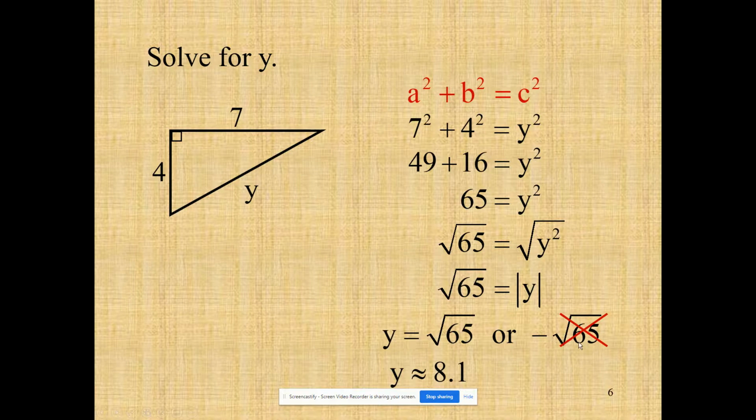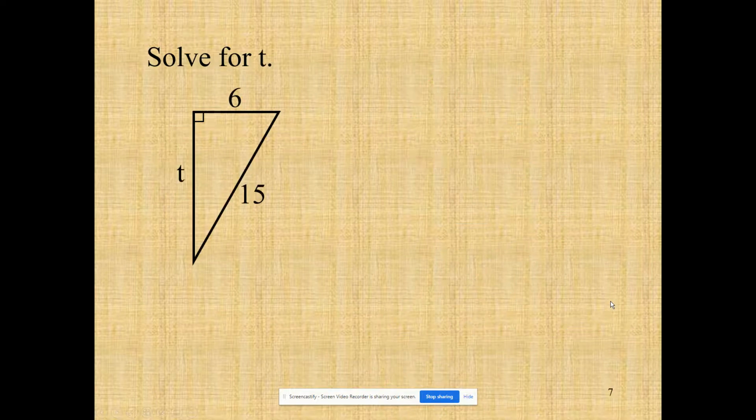So I'm crossing that one out. So my answer here is going to be y equals the square root of 65, and y equals about 8.1. So it's not that hard.